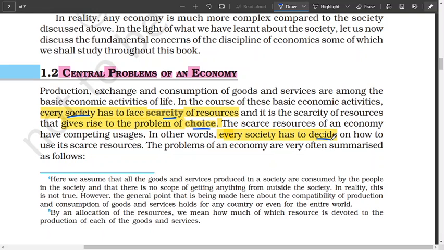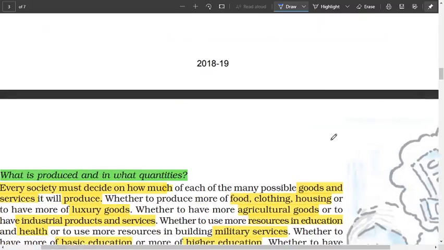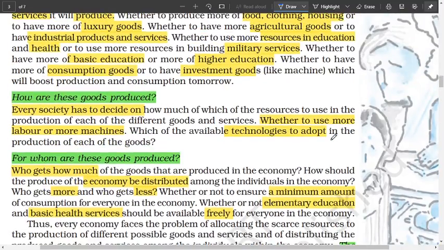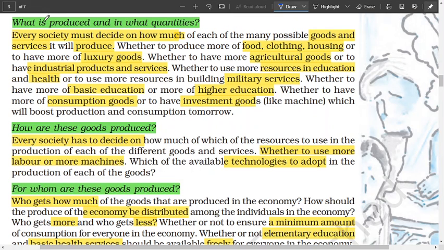that we have to decide. We have to find the answer. So what are these problems? These problems are of three categories. The first problem every economy has to answer is what is produced and in what quantities.